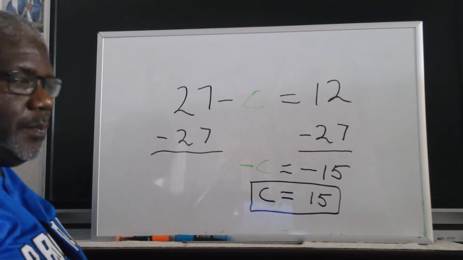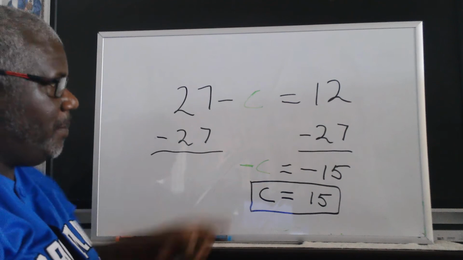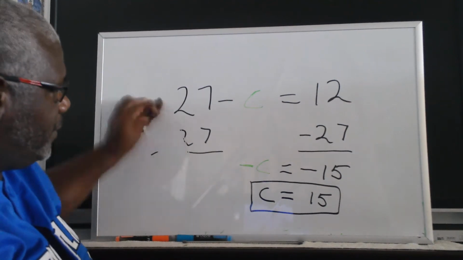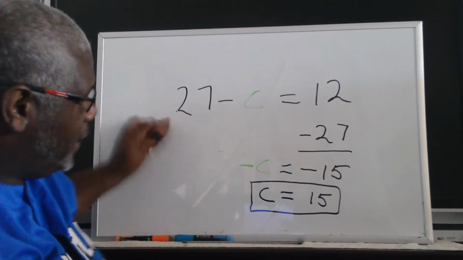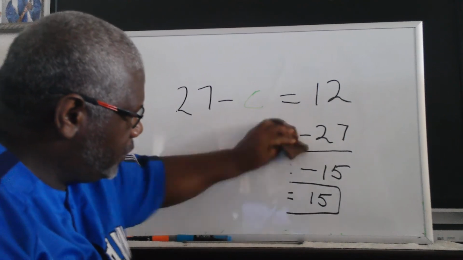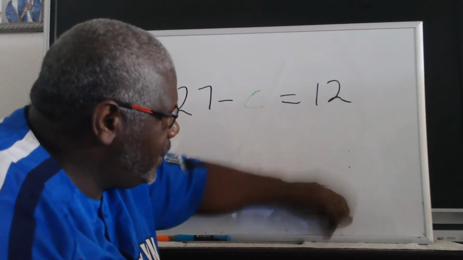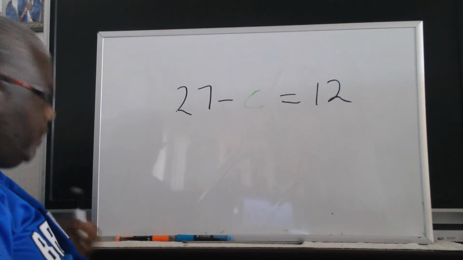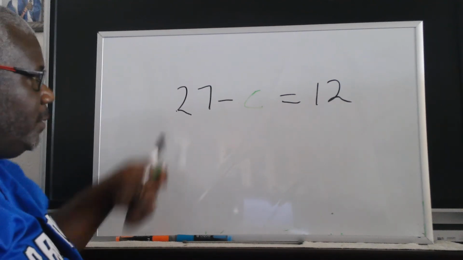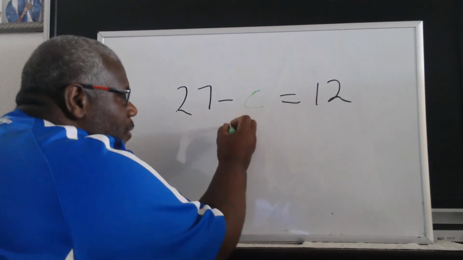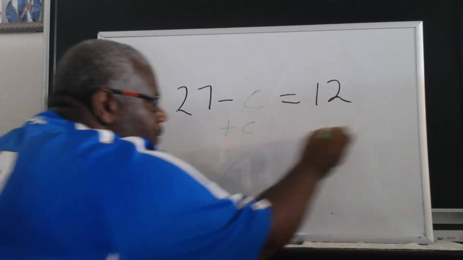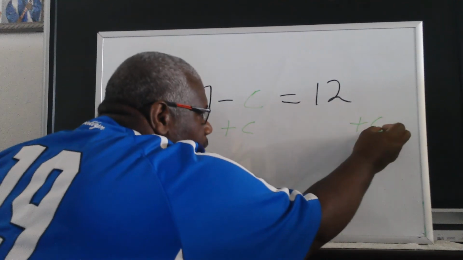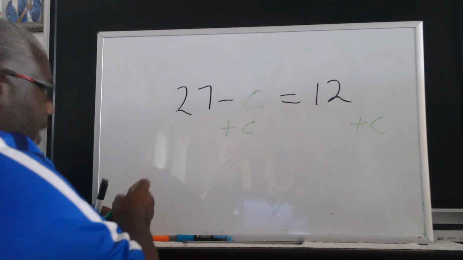But if you're a little bit more advanced in math, you know about negative numbers. So I'm going to do this the second way. It takes a little longer, but guess what? You still get to your destination. Now, what I'm going to do is, instead of subtracting 27, I'm going to add C. Which you can do, right?